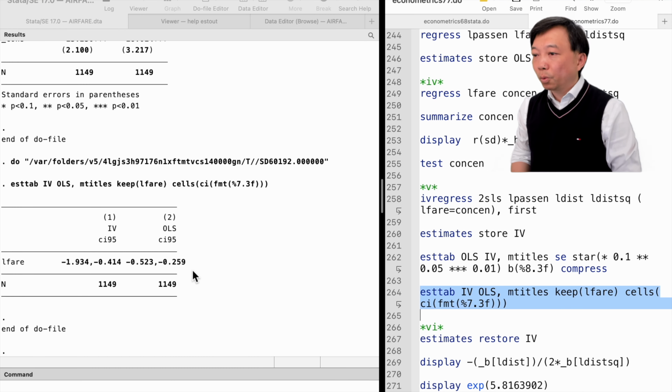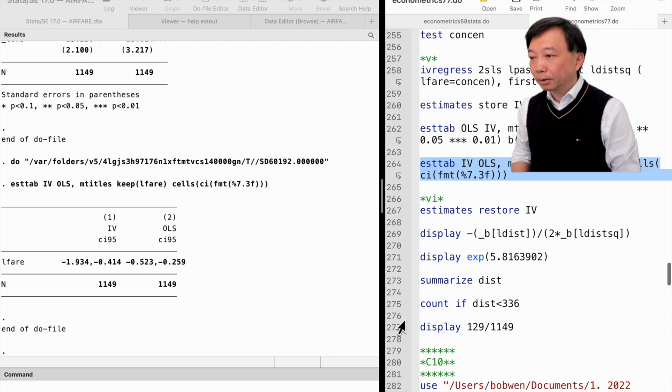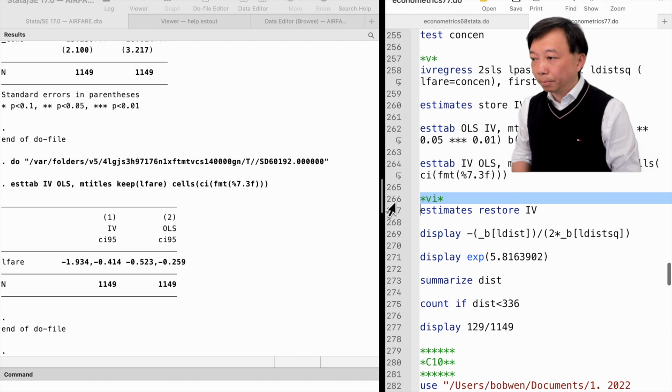The two-stage least squares estimates of the log distance and its square term are minus 2.176 and 0.187, respectively. The demand for airline seats decreases with distance first and then increases with distance.